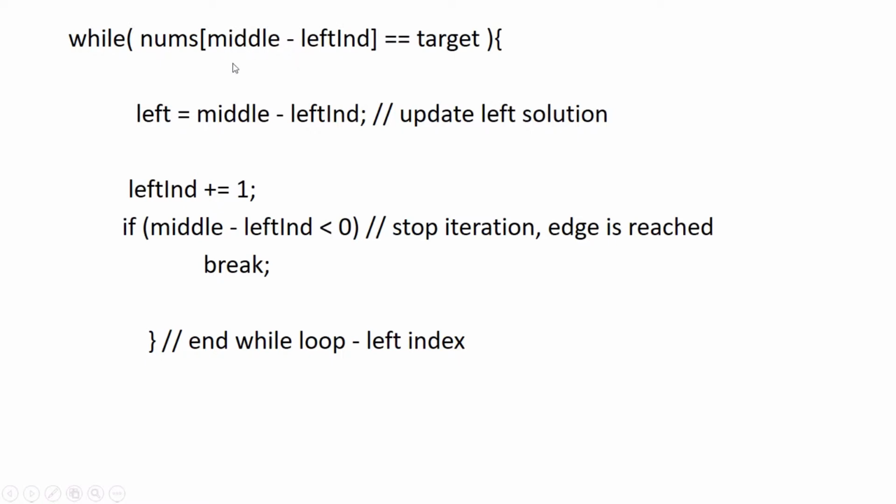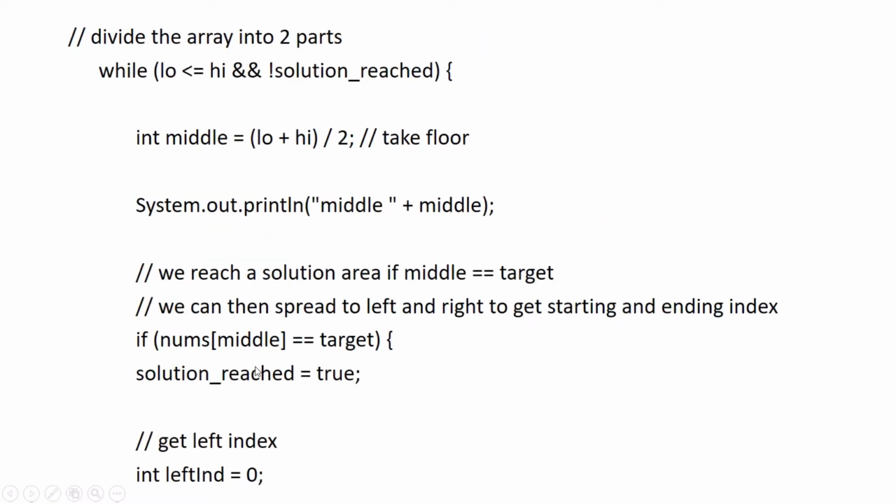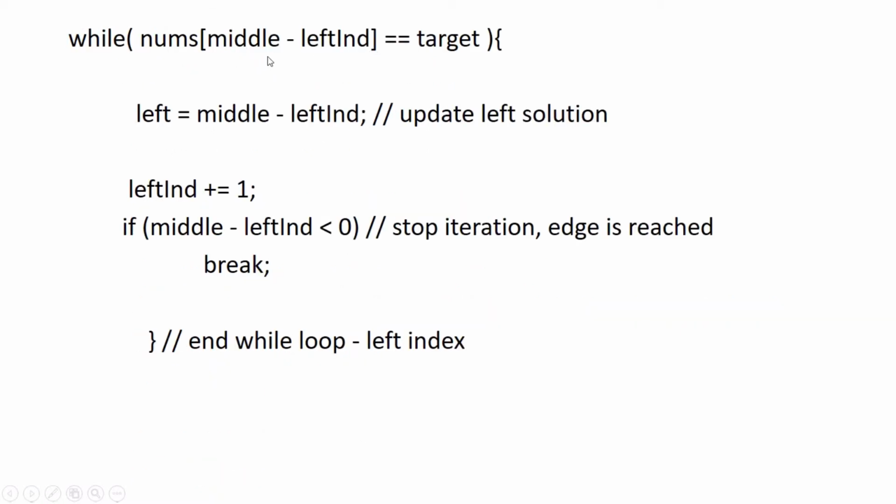So it's checking middle minus left index, which is 0. Is it equal to our target? Of course, which is the same thing that brought us into this if condition. So we're just retesting this if body, because this was true. That's why we enter into the body of the if. So we're just retesting the same thing here.